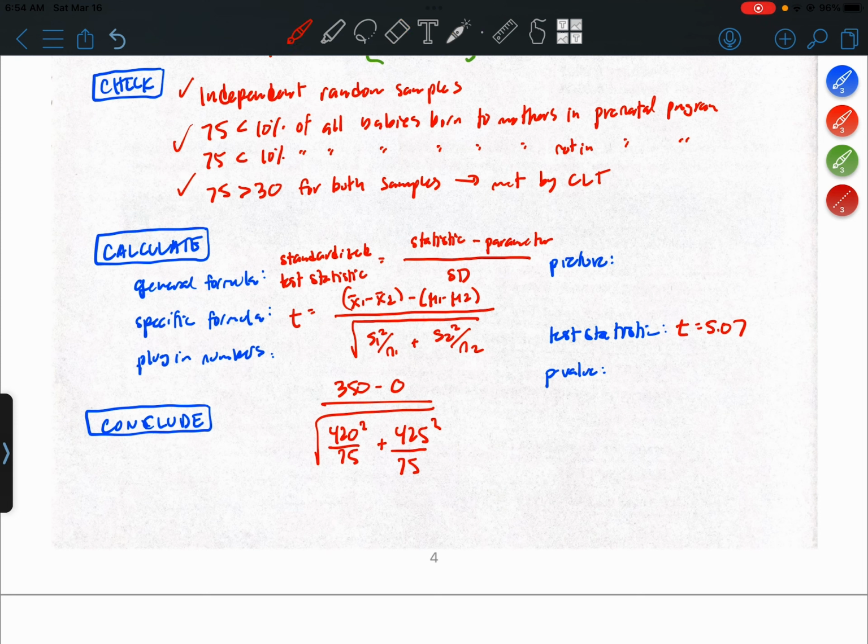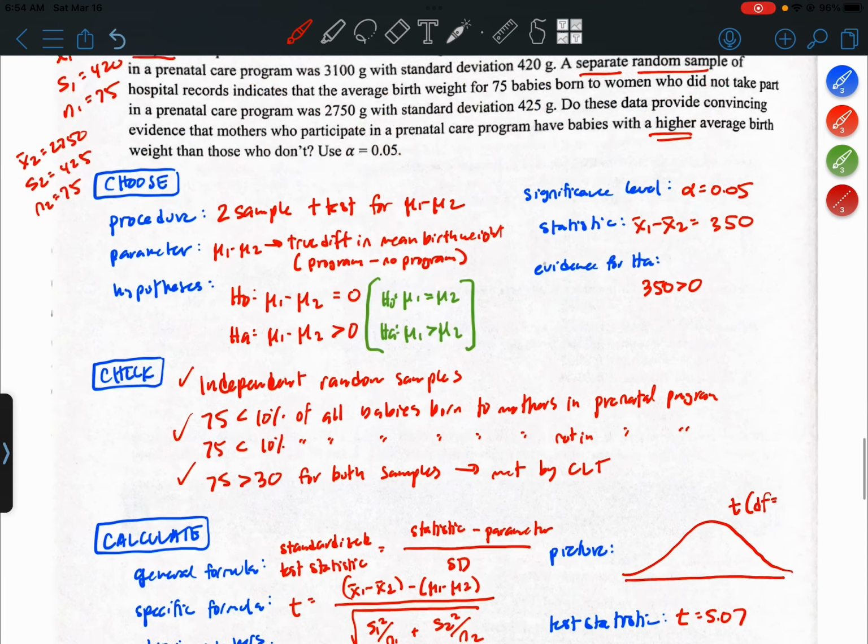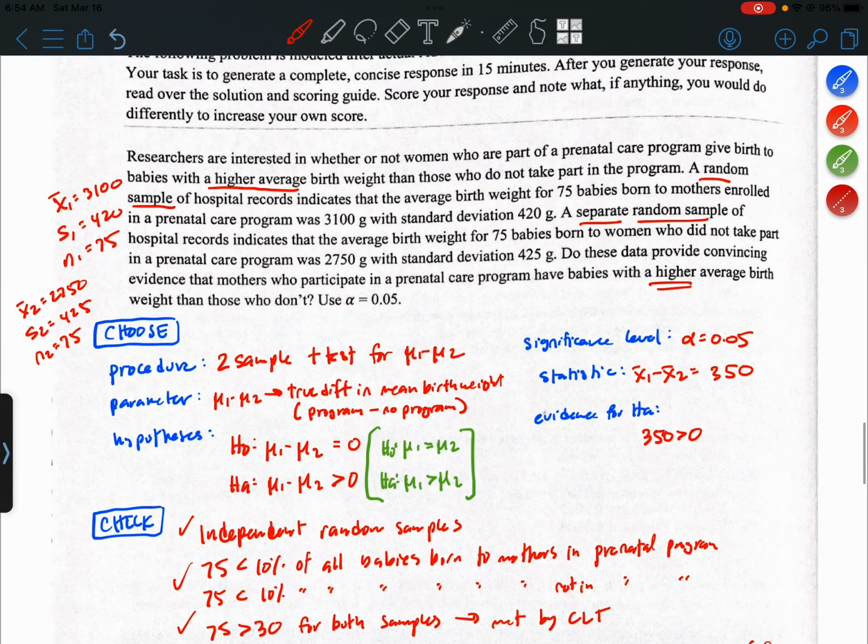All right, let's draw a picture. This is symmetric, single-peaked, and mound-shaped, and it is a t-distribution. For the degrees of freedom, we use the smaller of the two. In this case we get the same value either way: 74 degrees of freedom from the first sample and 74 from the second.